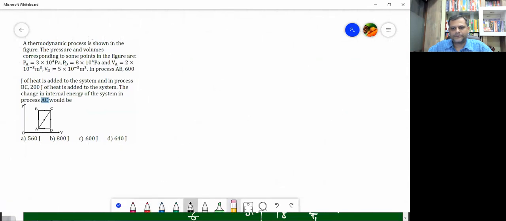Yes. Let us try this question. The thermodynamic process is shown in the figure. Pressure and volumes at the corresponding points are given as figure follows.